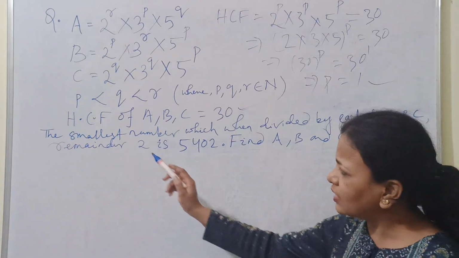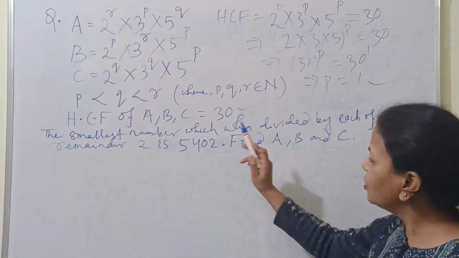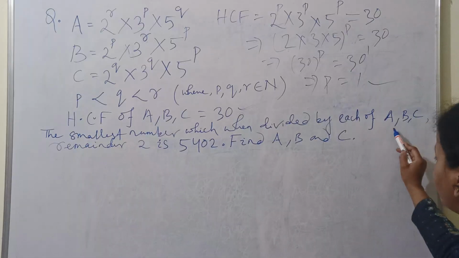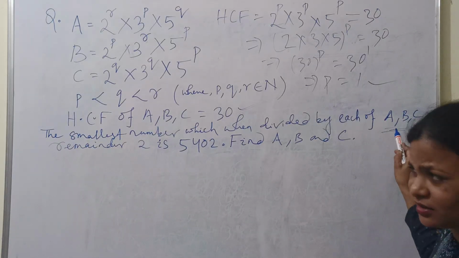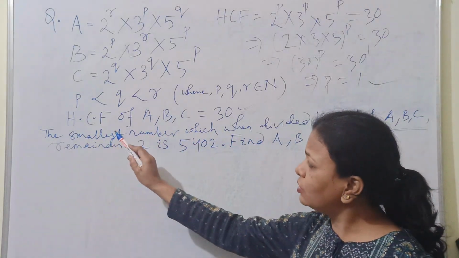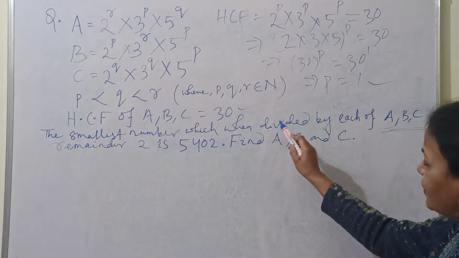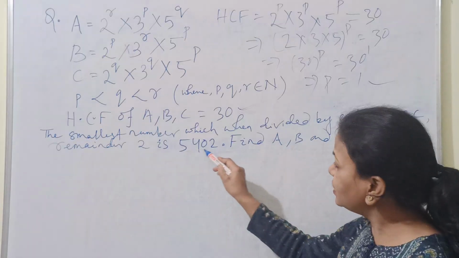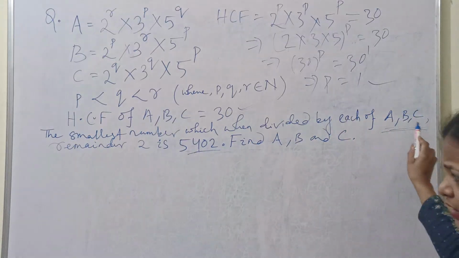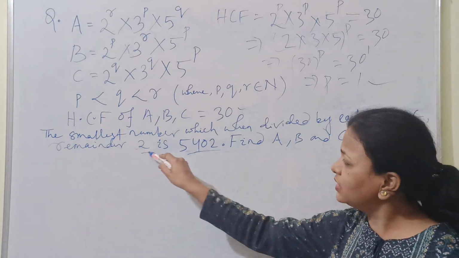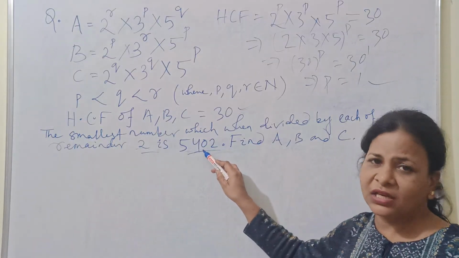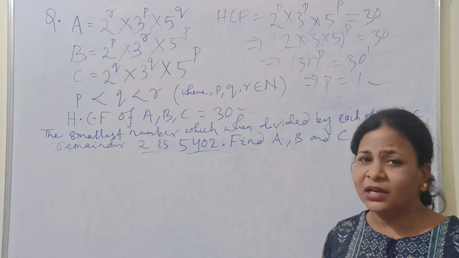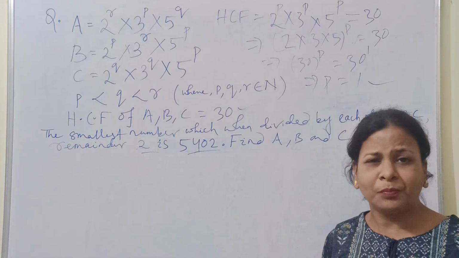Go to the second thing given in the question: the smallest number which, when divided by each of A, B, C, gives remainder 2. That means this number is not completely divisible by A, B and C. So what is the number that is completely divisible by A, B and C perfectly?